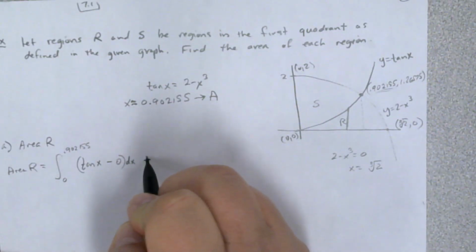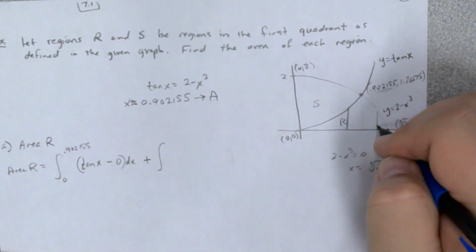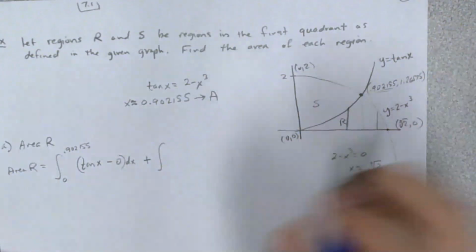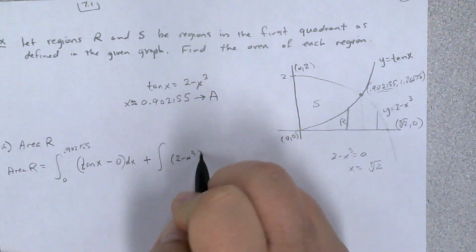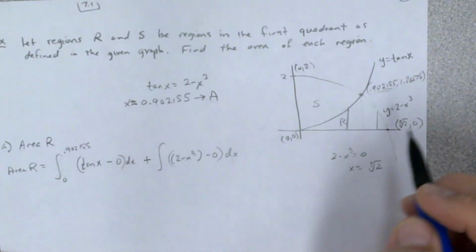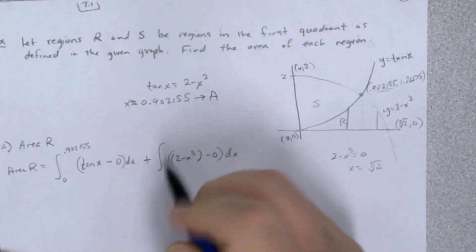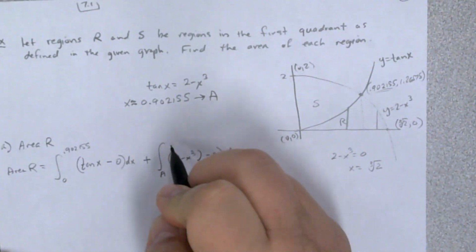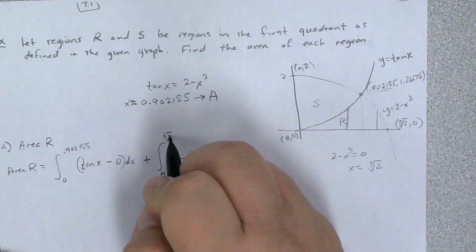And then to this, we're going to add the integration from this point onward, where the upper curve is 2 minus x to the third, and the lower curve is 0. We start at this point, and I can write that in decimal again, or I can simply put A, and end at the cube root of 2.